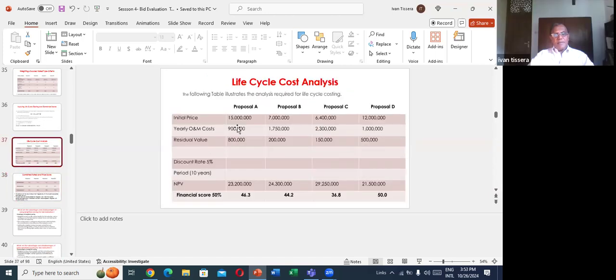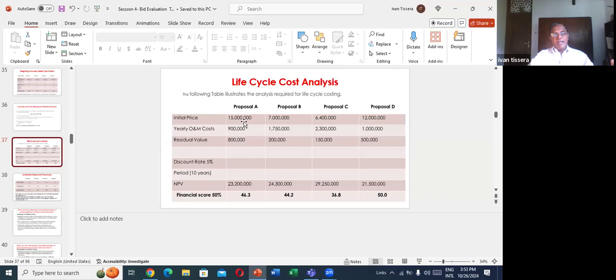Otherwise, this is the information for A, B, C, D as given: initial price, yearly O&M operational management cost, residual value, I mean scrap value, and discounting rate. As you have learned before, we don't consider the price as it is, say 15 million.